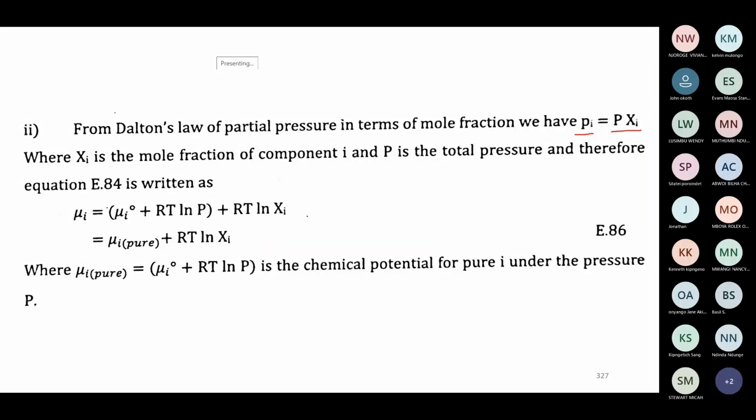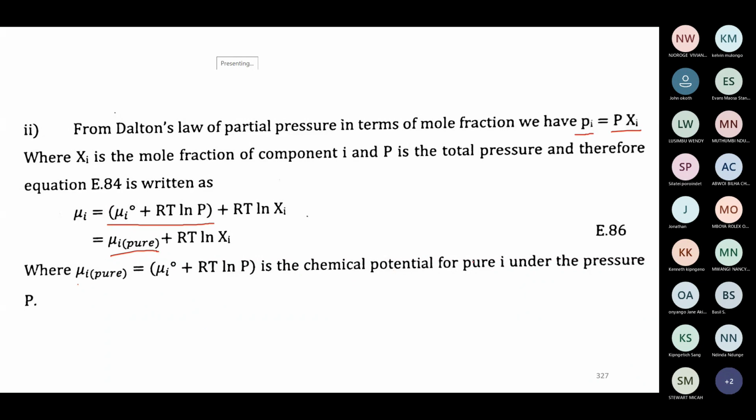So now when you combine these first two terms, this is mu i for the pure gas plus RT ln of Xi, where this is a combination of the first two terms.